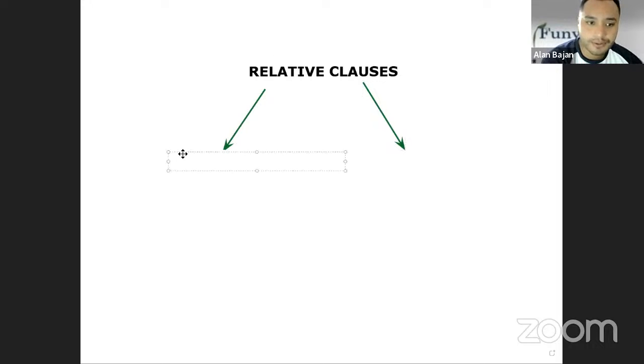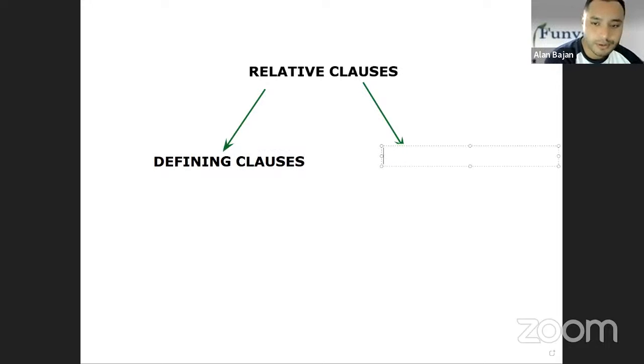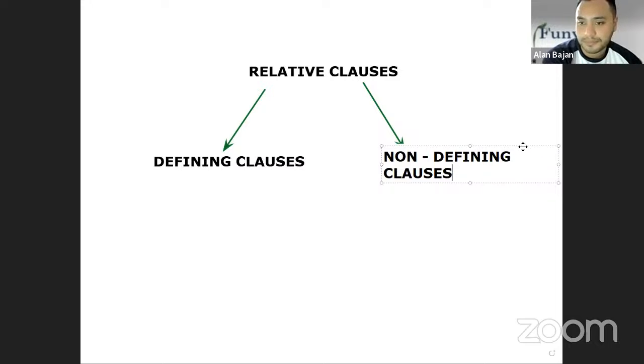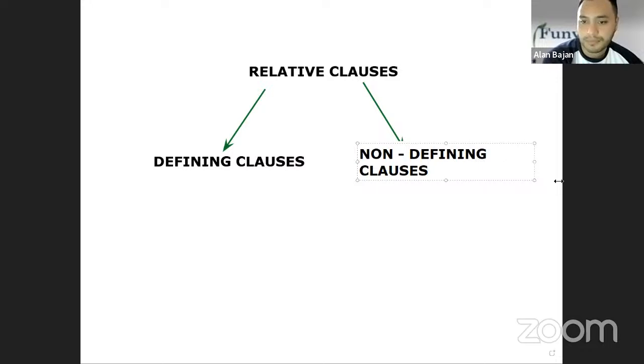Now we are learning group number one, defining clauses. Okay, that's group number one. Group number two, non-defining clauses. That's group number two. So we learned that defining clauses give us essential information of the subject.